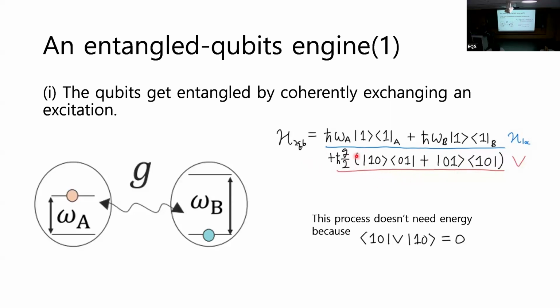This process requires no energy input, because we start in the 1-0 state and we can calculate the expectation value of the potential in the initial state, which is 0. It's an energy-free process, no energy cost.